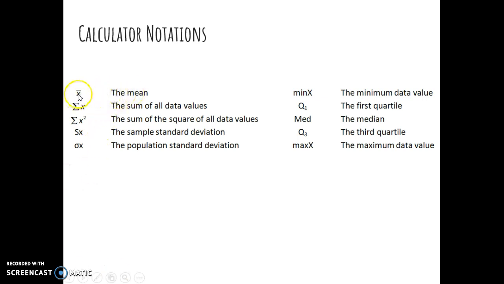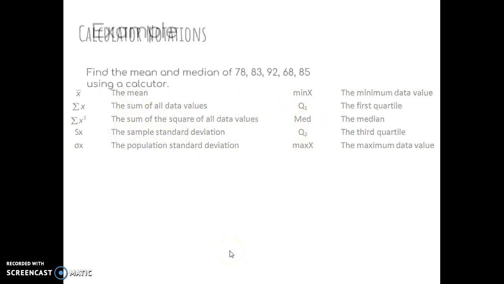It will give you the mean as x bar, whether it's mu for population mean or x bar for sample mean. You're going to write down whatever the x bar is because it represents both. We'll have an Sx and a lowercase sigma x right here. Those are standard deviations. Then you have a minimum, a quartile 1, median, quartile 3, and a max. I'll talk about the other things that it's finding later, but specifically you want x bar and you want median.